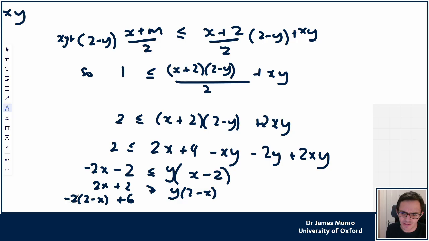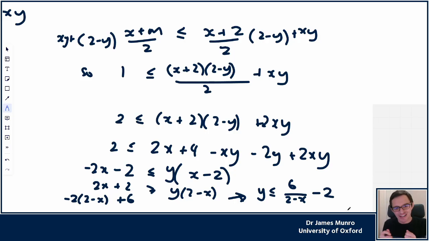I thought about how minus 2 times minus x would give me the 2x, and minus 2 times 2 would be minus 4, so add on 6 to get up to 2. Okay, so if I divide by 2 minus x, then I will get y is less than or equal to 6 over (2 minus x) minus 2, which is the final curve that I want to draw, some combination of translations and reflections of the 1 over x curve, I suppose.